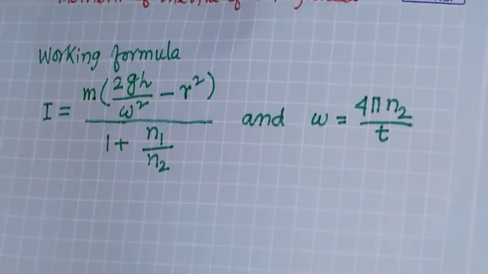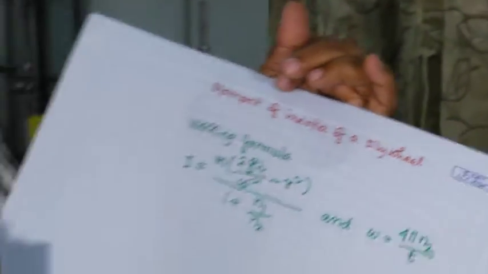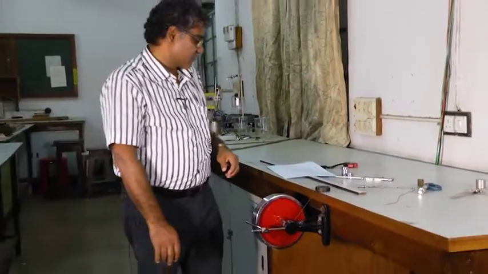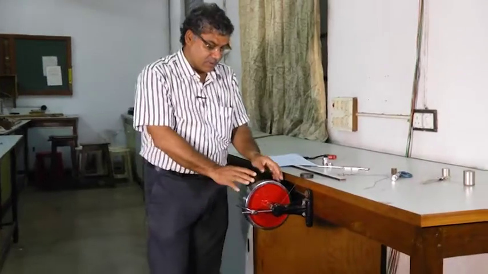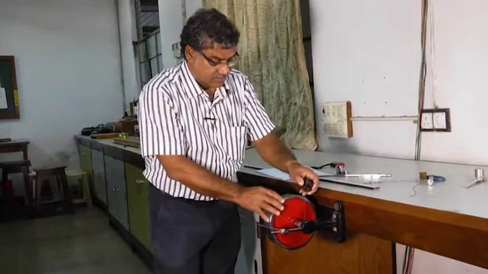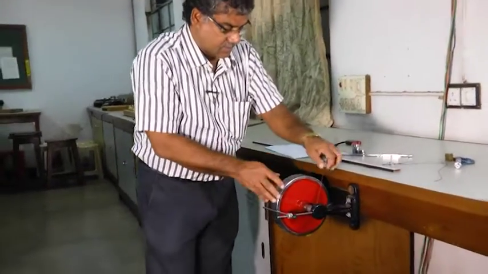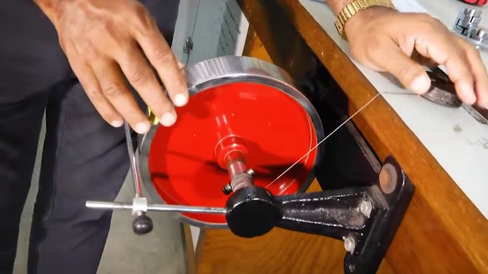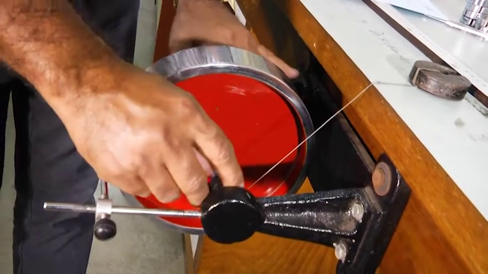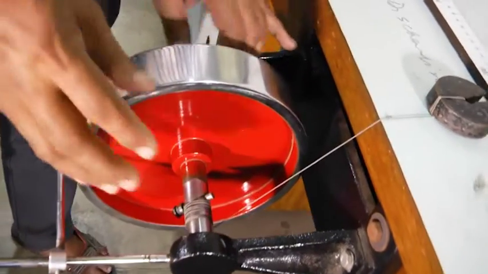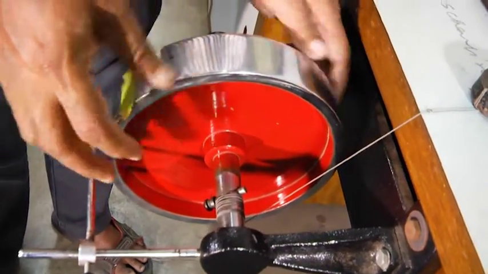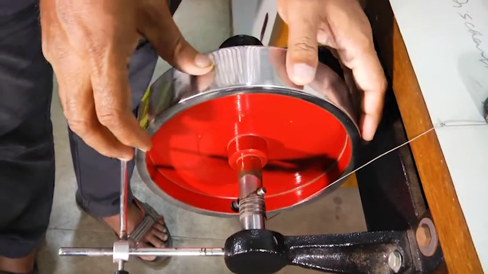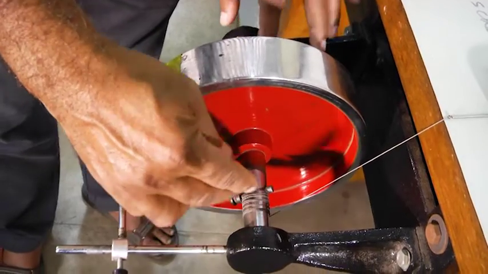So, this is the setup for this experiment to find the moment of inertia of a flywheel. This is the flywheel. You can see it has an axis, and the flywheel rotates about this axis.